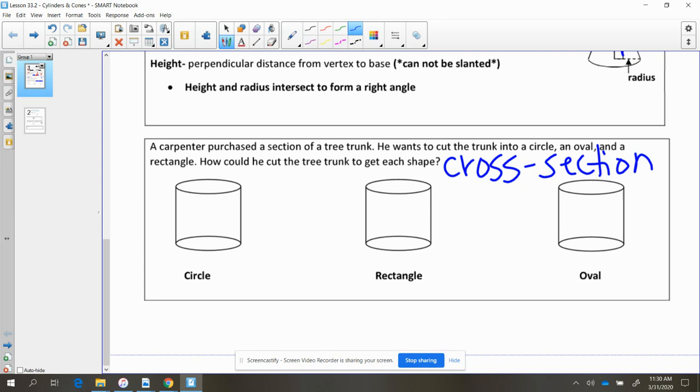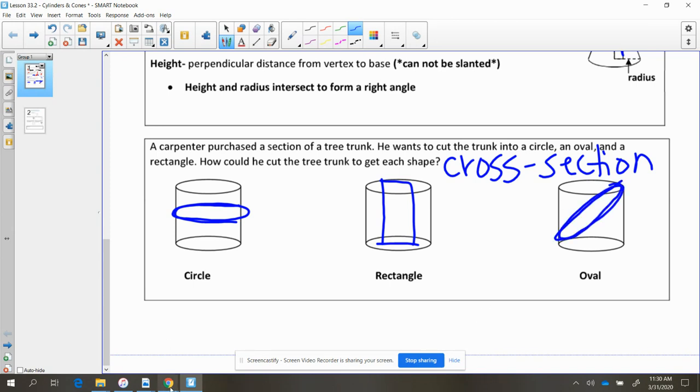If we want a circular cross section, we're going to slice it right inside of here like so. For a rectangular cross section, we take it here. And our oval cross section is going to look something like this.